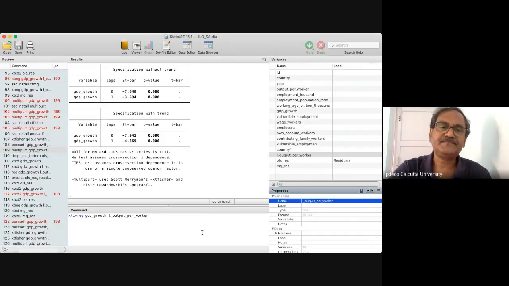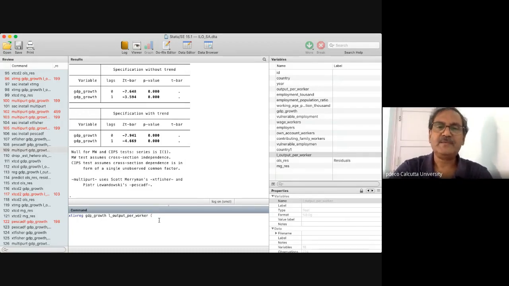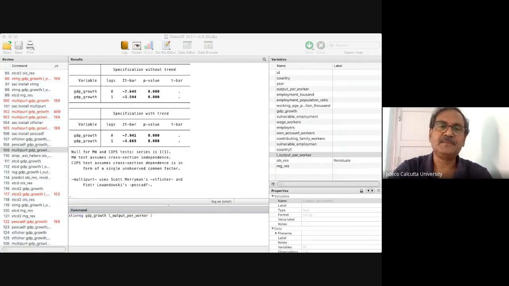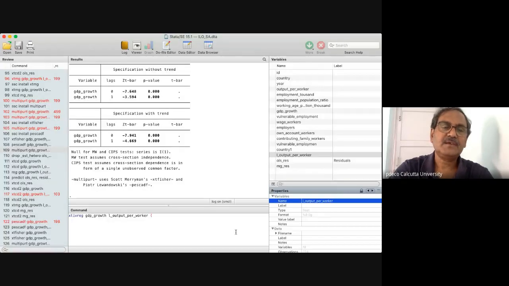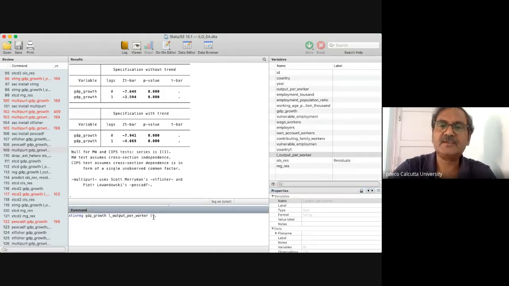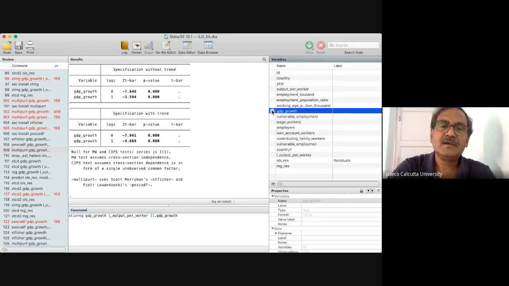Within the first bracket, we are using the lag dependent variable. What is the dependent variable here? GDP growth. So L. GDP growth, which indicates y t-1.